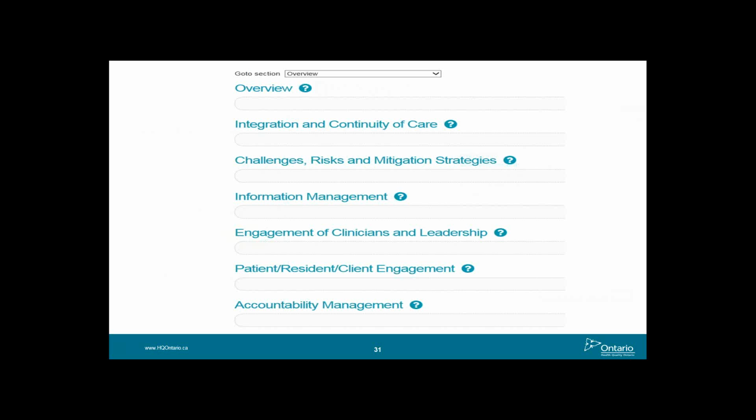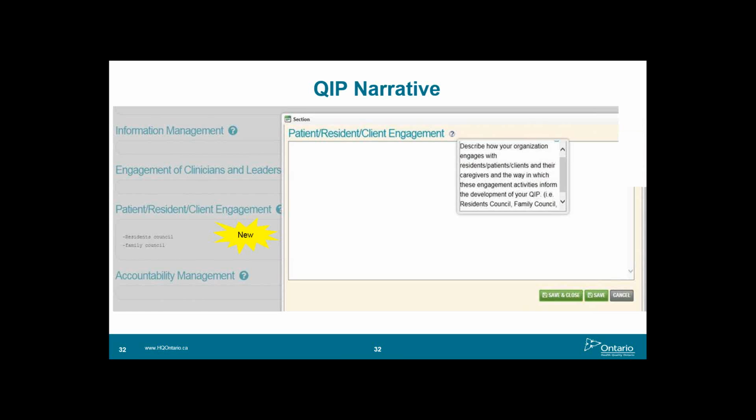Sometimes the jargon that we use, because we're close to it, becomes, "well, I don't know what this means, so it really doesn't have value for me," those types of things. So again, we encourage you to look for those ways that you will engage the residents and their caregivers and families, and be able to describe it here in this section.